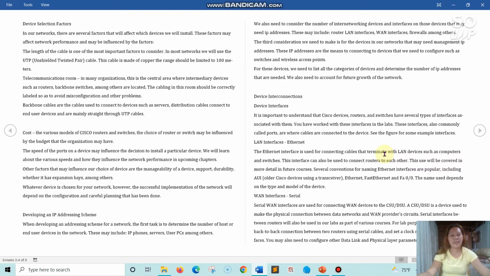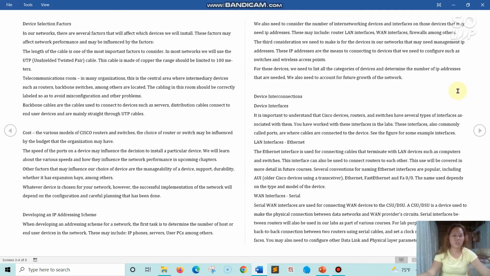For LAN interfaces, the Ethernet interface is used for connecting cables that terminate with LAN devices such as computers and switches. This interface can also be used to connect routers to each other. This will be covered in more detail in future courses.